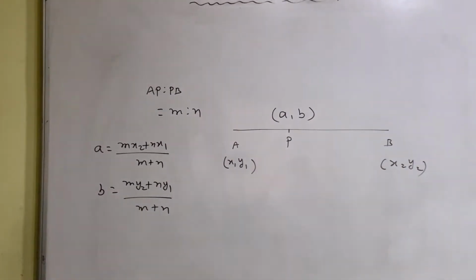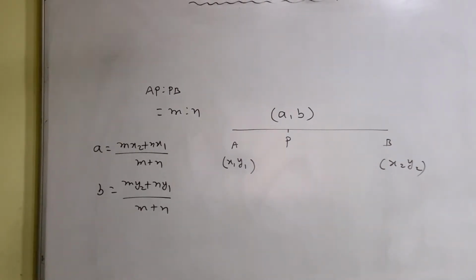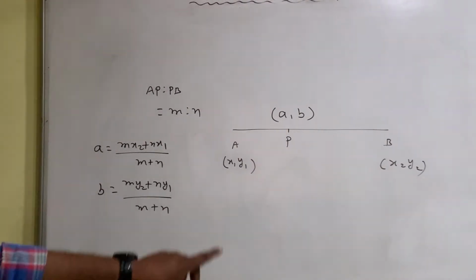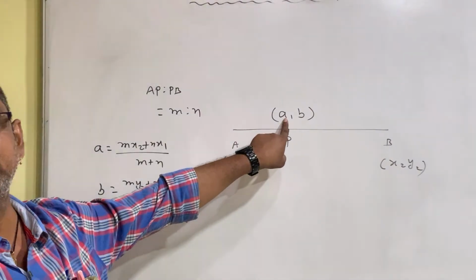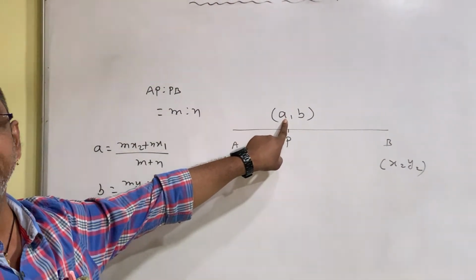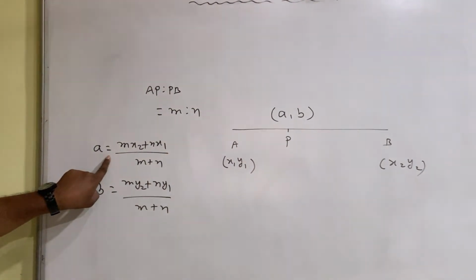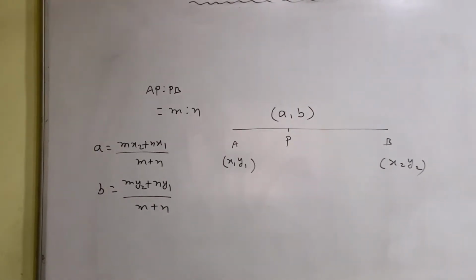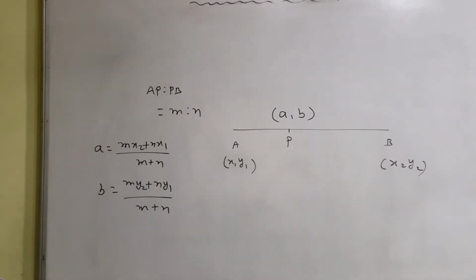To find out the x coordinate of P, the formula is mx2 plus nx1 by m plus n, and the y coordinate, that is B, is my2 plus ny1 by m plus n. This is the concept.